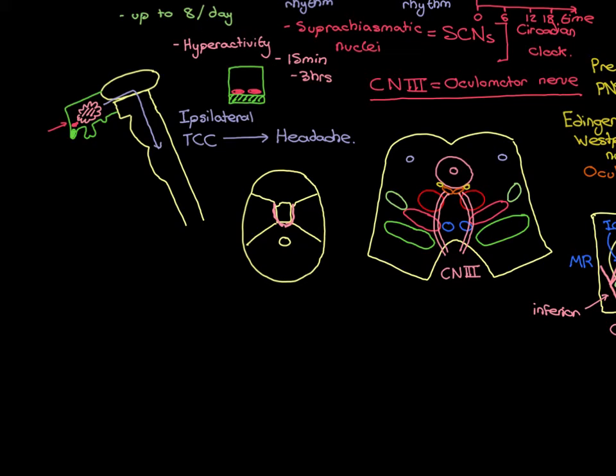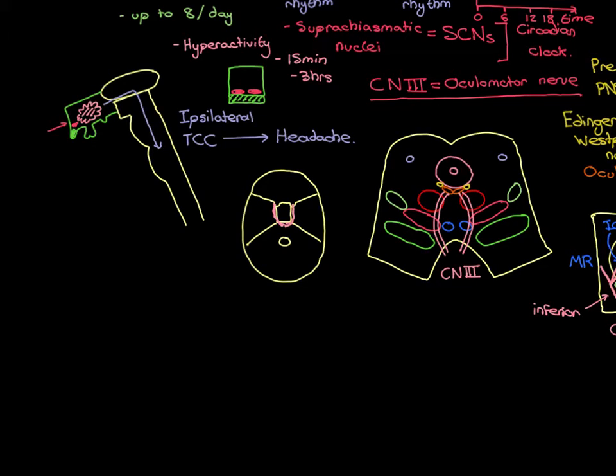Okay, so when you get this hyperactivity in the left side of the hypothalamus, it somehow leads to activation of the left-sided Edinger-Westphal nucleus. Remember, left side of the hypothalamus controls the left side of the autonomic nervous system, right side controls the right side. The hypothalamus doesn't have the contralateral arrangement that the cerebral hemispheres do. It's like the cerebellum in that regard.